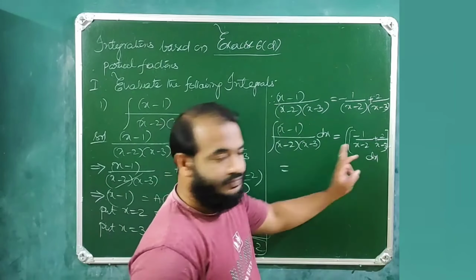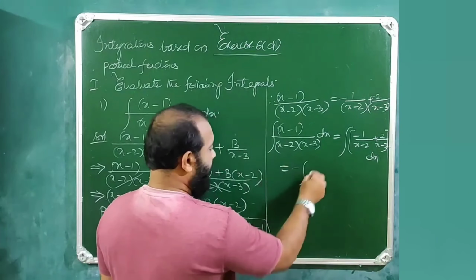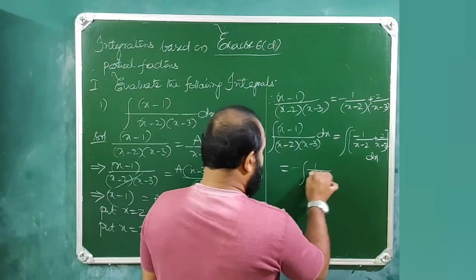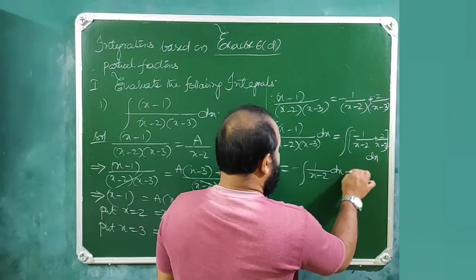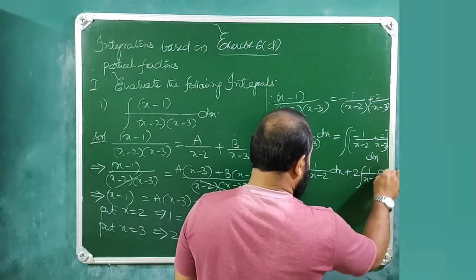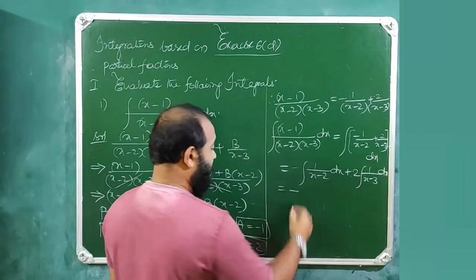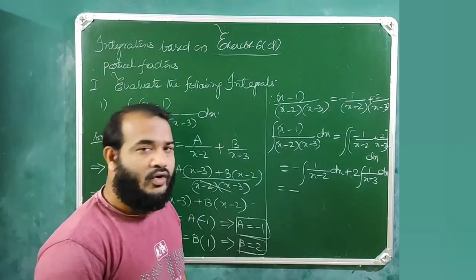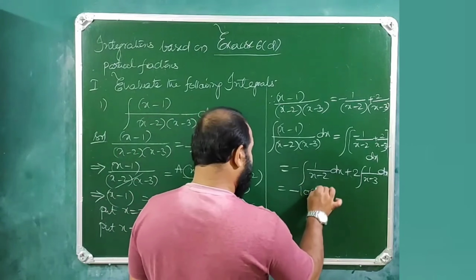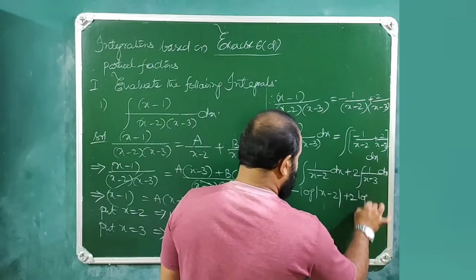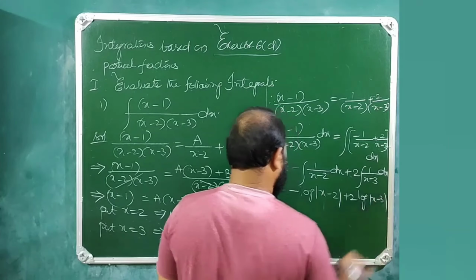So this is equal to minus 1, I have separated it from the process of integration, 1 by x minus 2 dx plus 2, I am separating from the process of integration, 1 by x minus 3 dx. Integral 1 by x dx is log mod x. So this is log modulus of x minus 2 plus 2 log modulus of x minus 3.